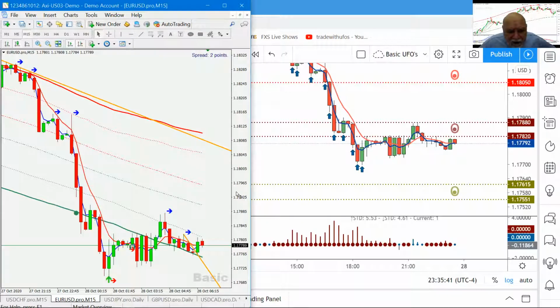Where is 1786? It's about up here. So price could pull back up to this area, 1786, and then come down.